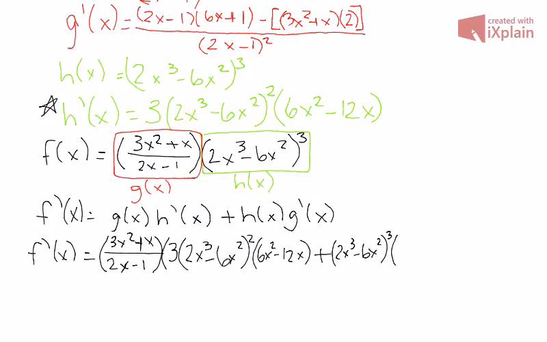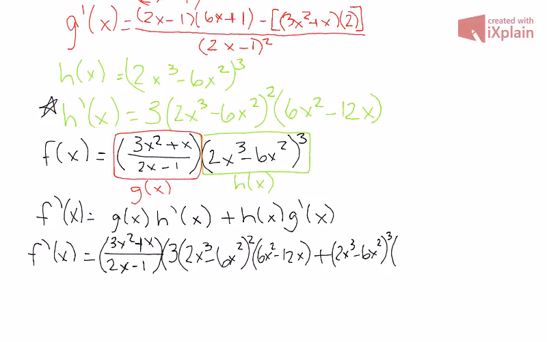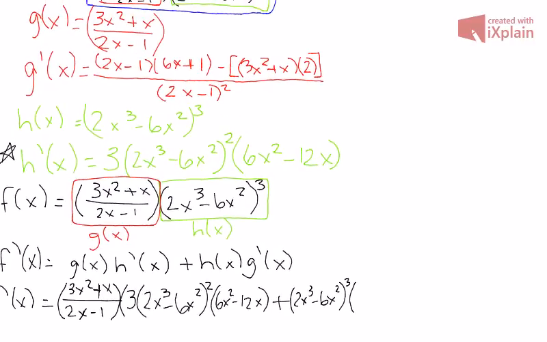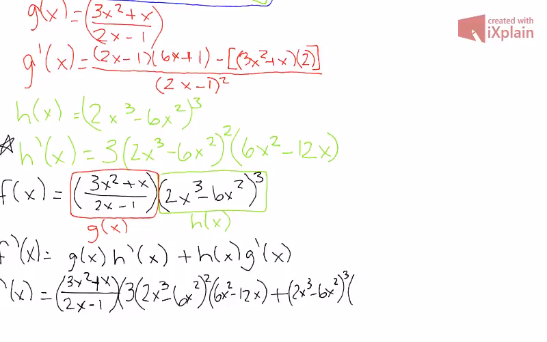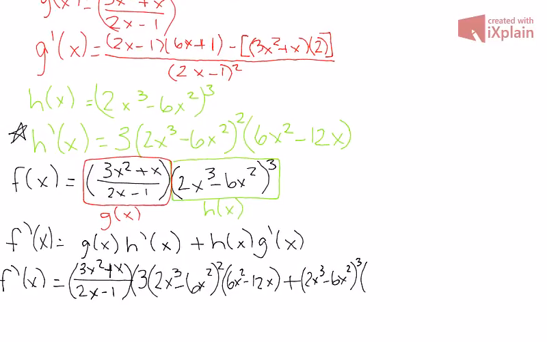And we're going to multiply it by the derivative of g of x, which we had up here, which is going to be 2x minus 1 times 6x plus 1 minus, I'm going to pull the 2 out in front, times 3x squared plus x, all divided by 2x minus 1 squared.